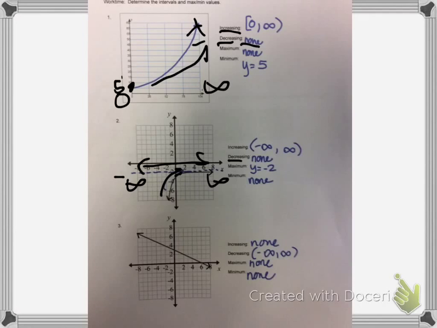So therefore, we don't have any decreasing intervals, so our graph is increasing. Maximum. We have an asymptote here, and you can see it. Our asymptote is y equals negative 2. You can see it crossing at negative 2, so our maximum is y equals negative 2. Alright. Minimum, the line goes on forever, so therefore there is no minimum, or none.